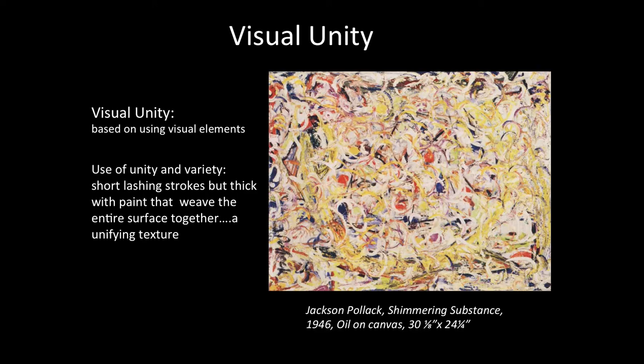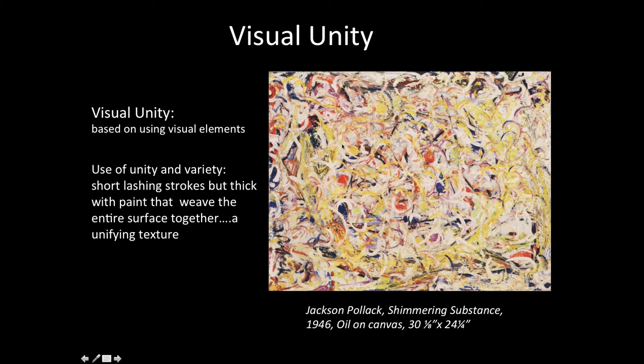Another example of visual unity is in this image by Jackson Pollock called The Shimmering Substance. In this, he has used a paintbrush and has applied the paint very thick. And he's used that consistently all over the canvas so that it sets up a consistent textural unity.